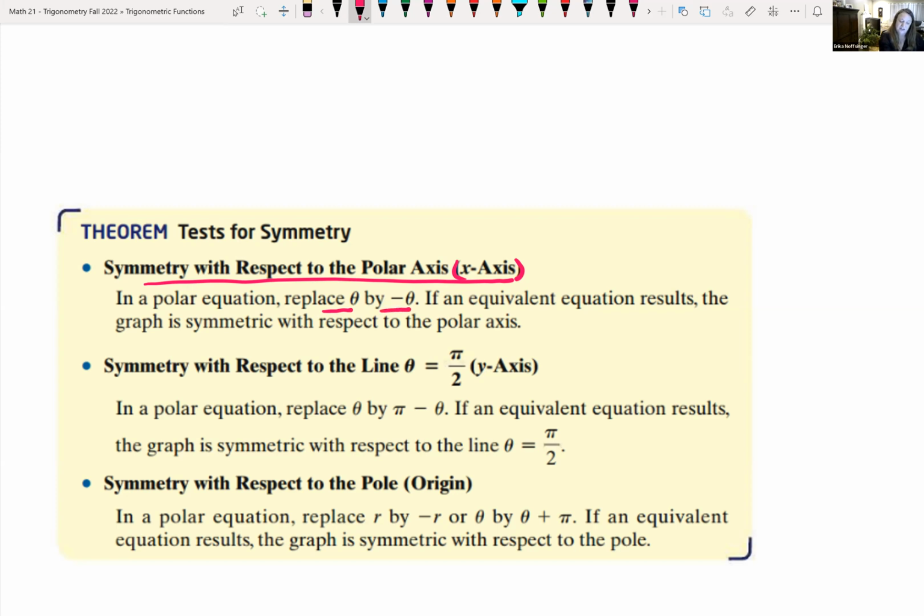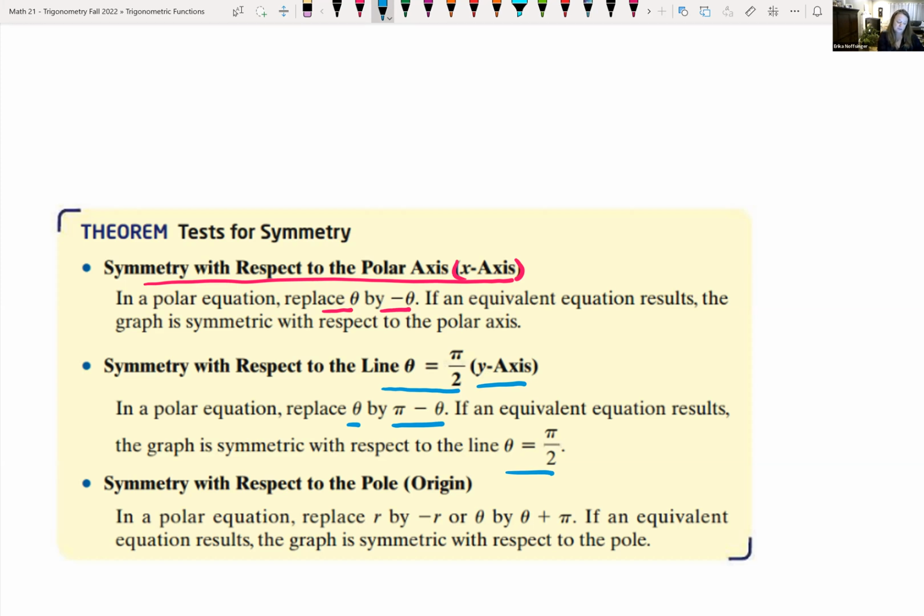If an equivalent equation results, the graph is symmetrical with respect to the polar axis. If we're looking at it being symmetrical to the line theta equals pi halves, which is the y-axis, then in a polar equation, we're going to replace theta by pi minus theta. If an equivalent equation results, the graph is symmetrical to the line theta equals pi halves.